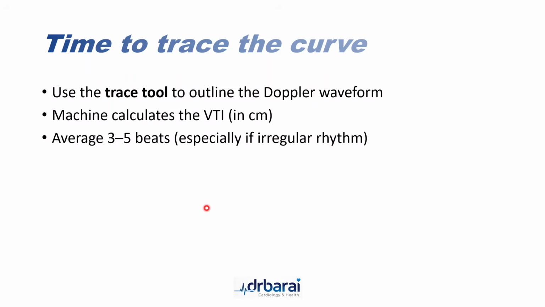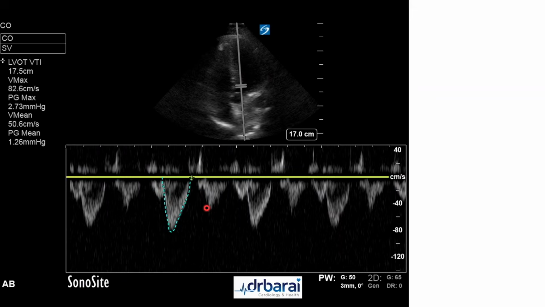As I've said, do not rely on one number. LVOT VTI is not a static number. It can vary from beat to beat and from time to time. So always do at least 3 or 5 beats and it will give you a rough idea of what the VTI is.